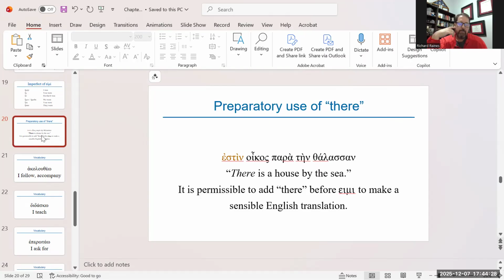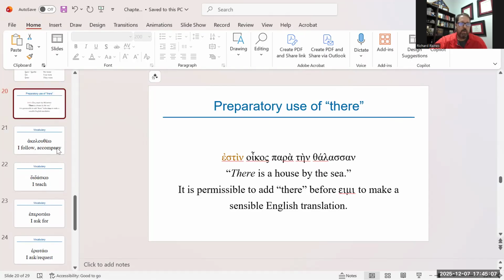So when you see a version of eimi and you translate it according to I, you, he, she, or it, or we, you, they, if that doesn't make sense, you can try adding "there." If it makes sense in English, then that's what you'll do. You just add "there" to assist with the English translation. All right, that is the imperfect active, the imperfect middle and passive, and the imperfect of eimi.